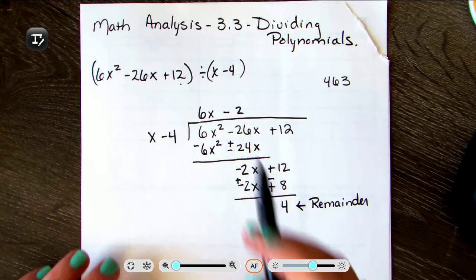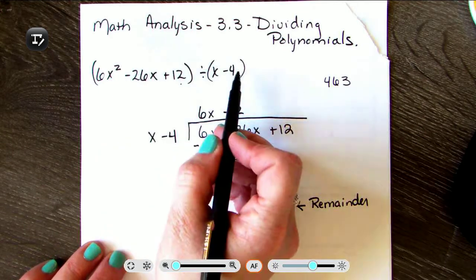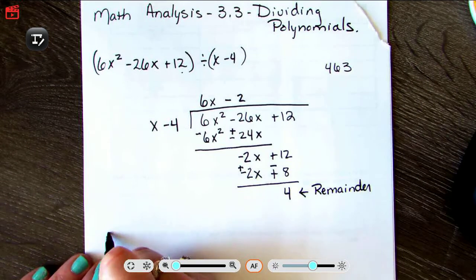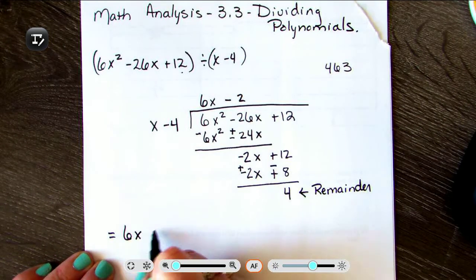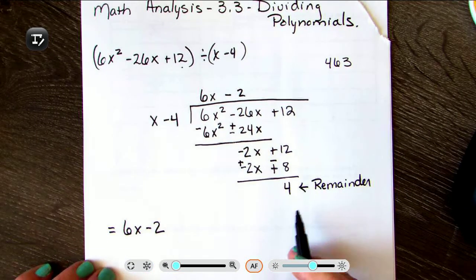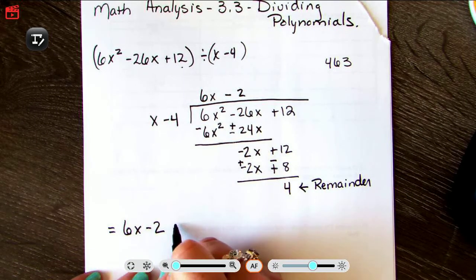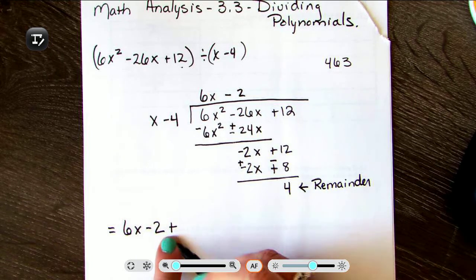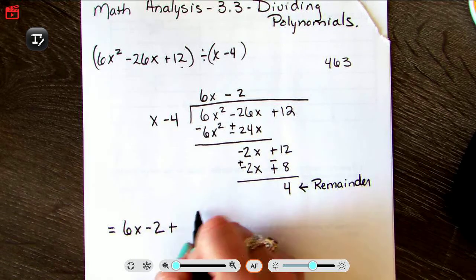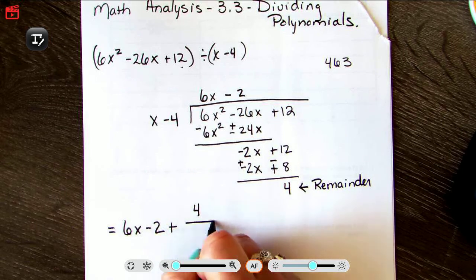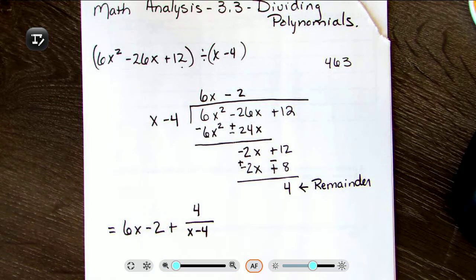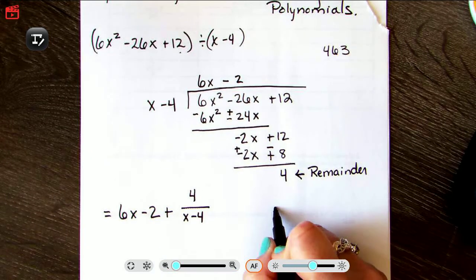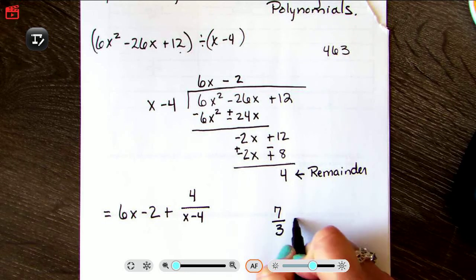Okay, so when I take this guy divided by this, I will come up with 6x minus 2 with a remainder of 4, which we will write as a plus, because it was positive. I could put minus if it was negative, and I will write 4 over x minus 4. Very similar to something like 7/3.